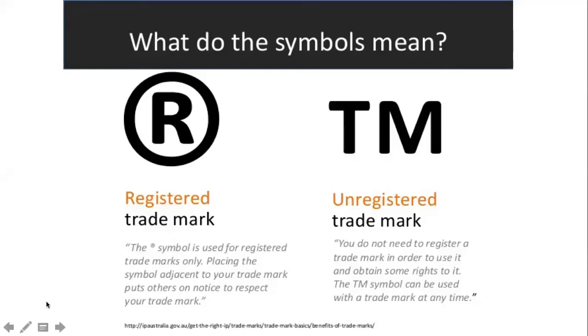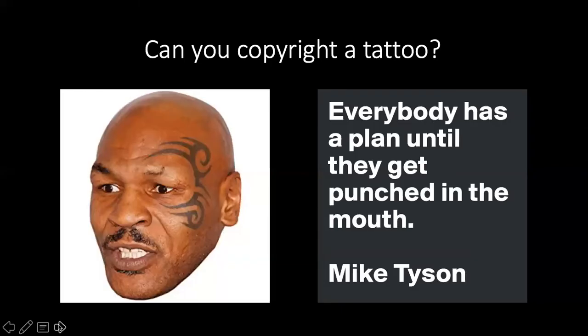All right, the next to last survey question we had was, can you copyright a tattoo? And what I love about this, and I use the Mike Tyson example, is that Mike Tyson has what is to me my favorite quote of all time: everybody has a plan until they get punched in the mouth. This is a great quote because, just think of the business world. Blockbuster was this huge giant chain, and they got punched in the mouth when Netflix came out.